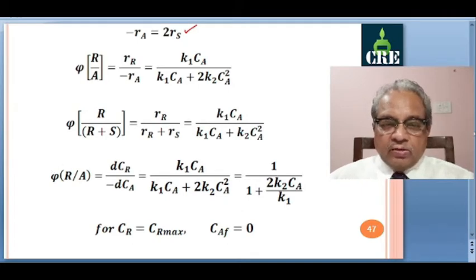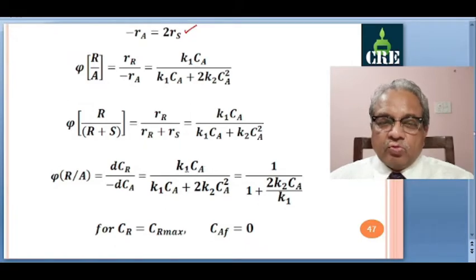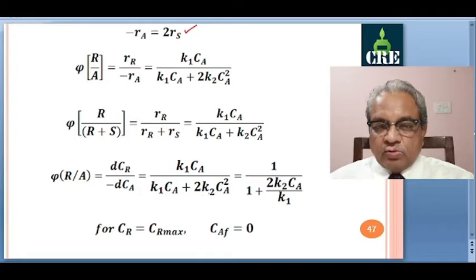Instantaneous yield R by A is dCr by minus dCa, which is this equation. We divide numerator and denominator throughout by K1 Ca, so this term becomes 1, and we get 1 plus 2 K2 by K1 Ca in the denominator.